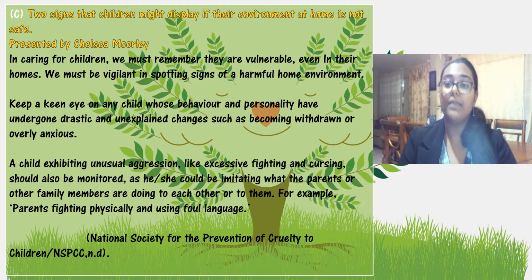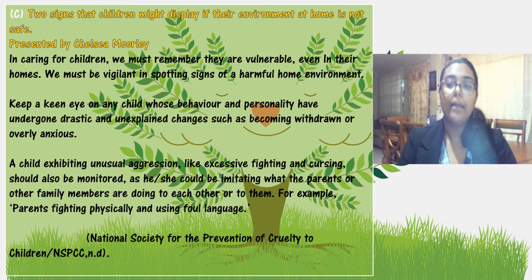So we must be vigilant in recognizing any signs of a harmful home environment. One way is by keeping an eye out for children whose behavior and personality have undergone some kind of drastic or unexpected change. They may be becoming withdrawn, they no longer want to play with their friends, they no longer want to engage in classroom activities, they don't want to speak to the teacher, or they may be overly anxious, always jumpy, always fearful.